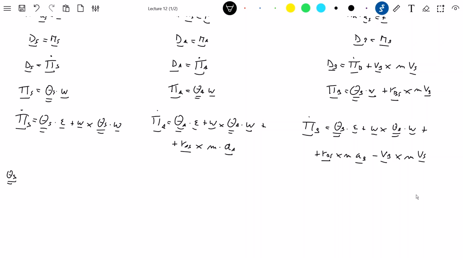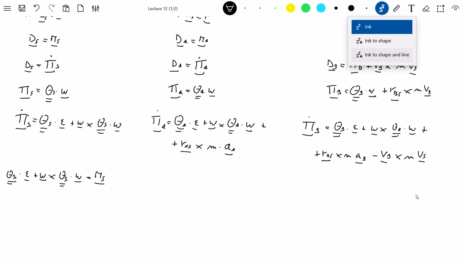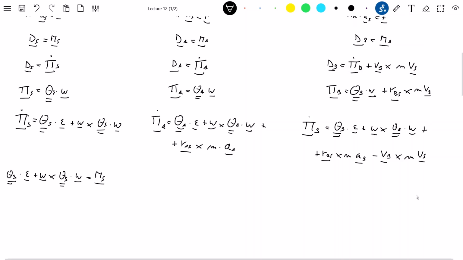So basically this pi s dot, because pi s dot is ds, times epsilon plus omega cross product theta s times omega, and this is equal to ms. This is the formula that you really need to know, because you will use it all the time.